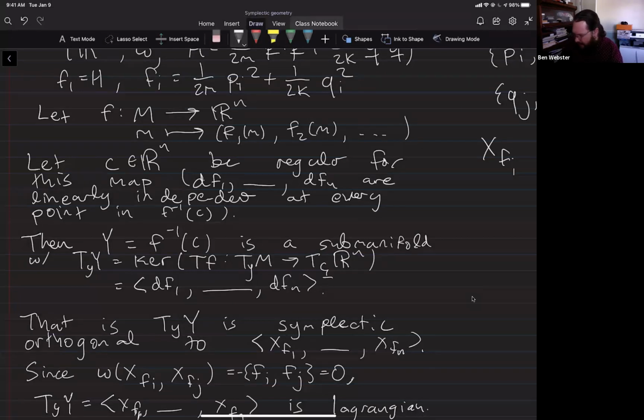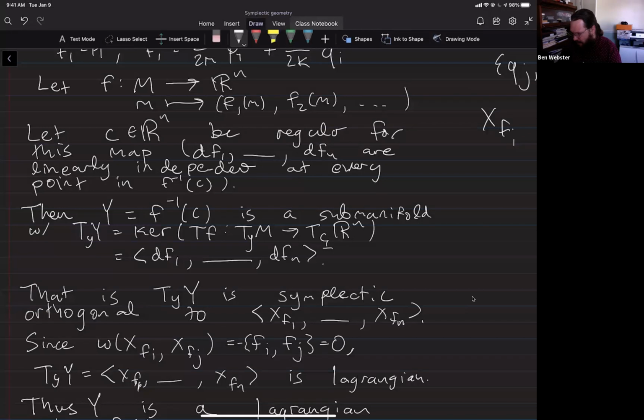Its tangent space is the kernel of the derivative map down to Rn. So it's the perp to the span of the differentials of F1 up through Fn.